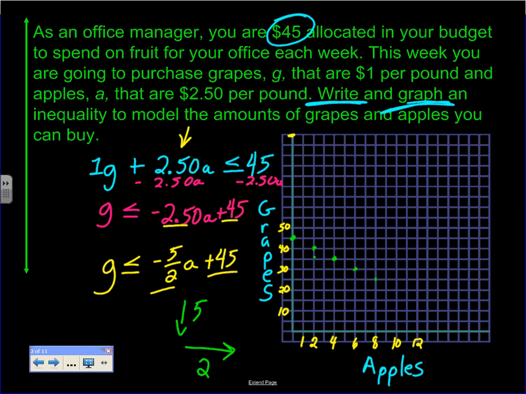And this is the path that we're going to be following. We should be thinking, are we going to have a solid line or a dashed line? The inequality is less than or equal to, so it's going to be a solid line. I have a line right here for us. Let's go ahead and use it, that way we know it's going to be straight.